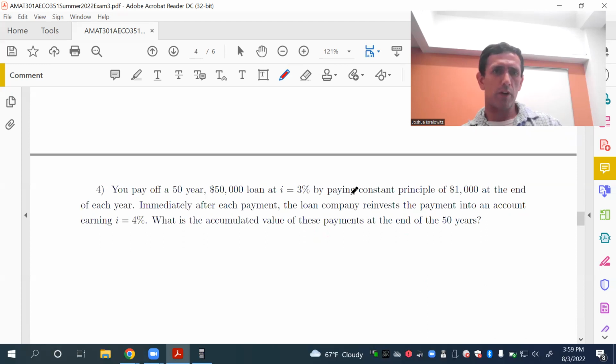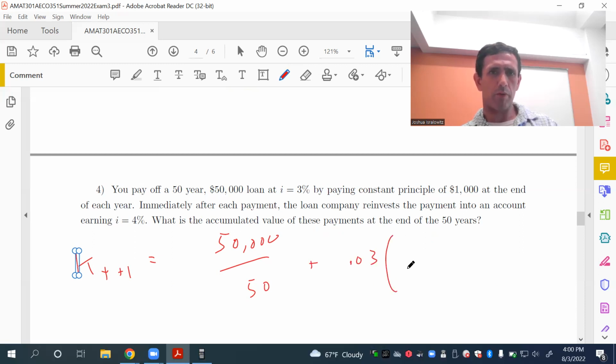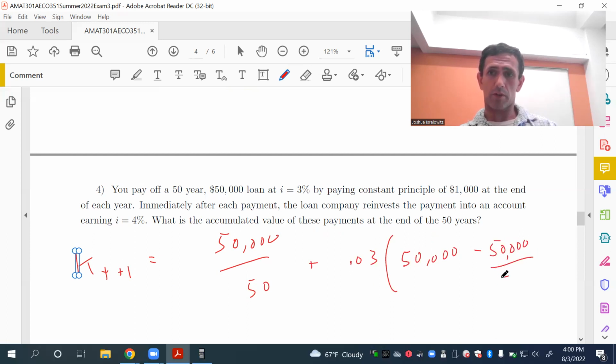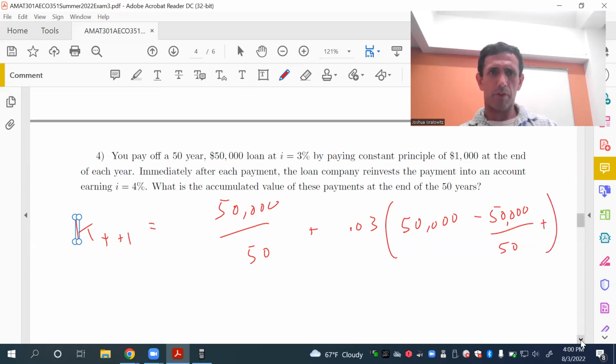Again, just cookie cutter plug and chug formula to figure out what these payments are: loan amount over loan time plus your interest rate, 0.03, 3%, times loan amount minus loan amount over the number of years, times T. All right, you can simplify this.